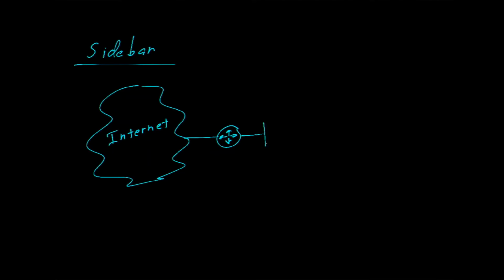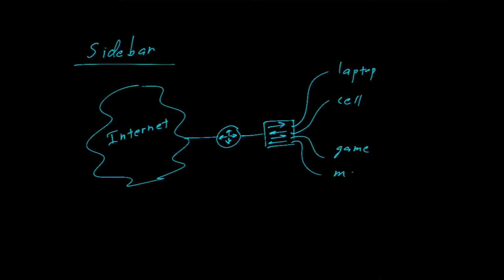That router will be connected to a switch, and then your various devices will be connected up to that: laptop, cell, game, maybe your music player. Okay, so all of the devices in your house connect up to the switch, which connects to the router. You could think of this as a local area network in that direction, and in this direction you could think of it as a wide area network. We mentioned that the internet is full of routers.